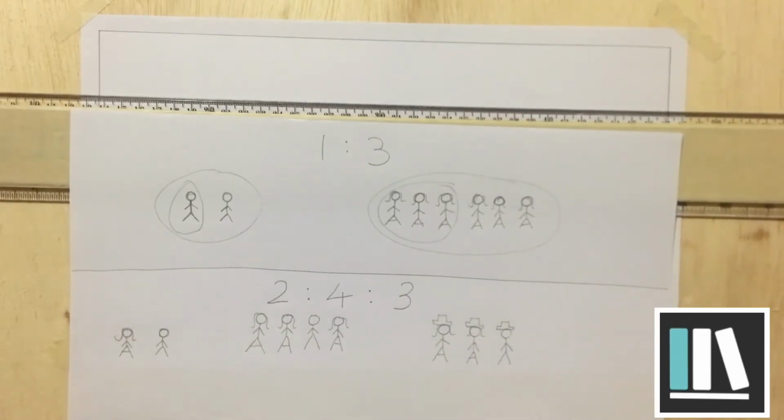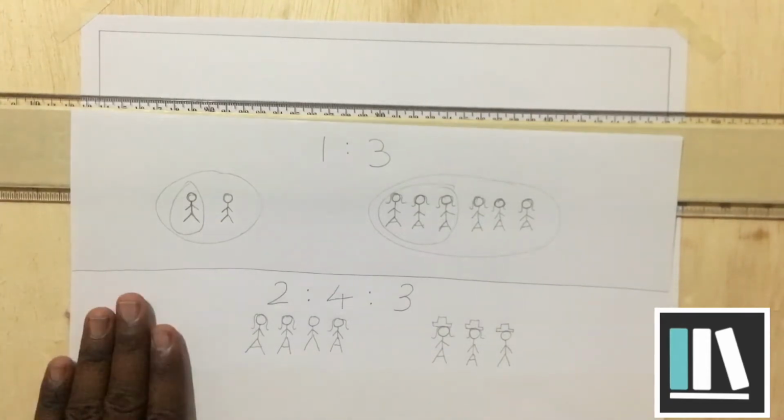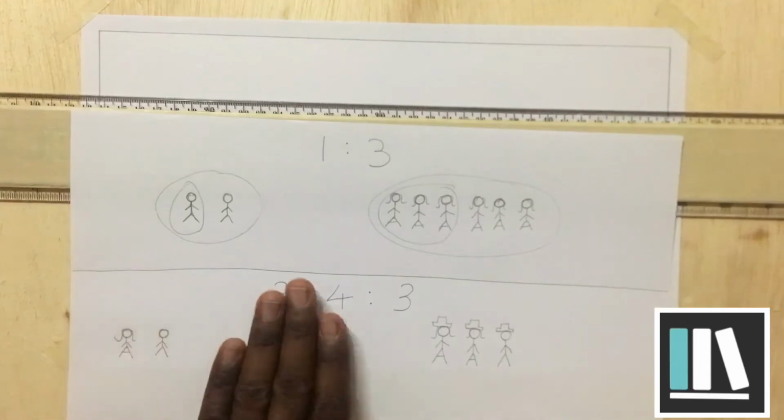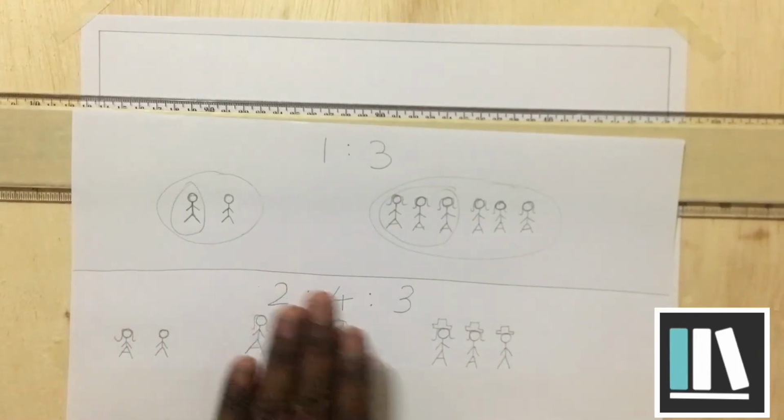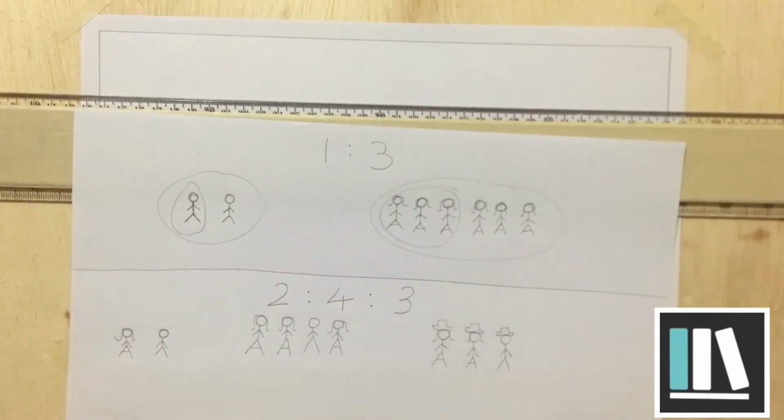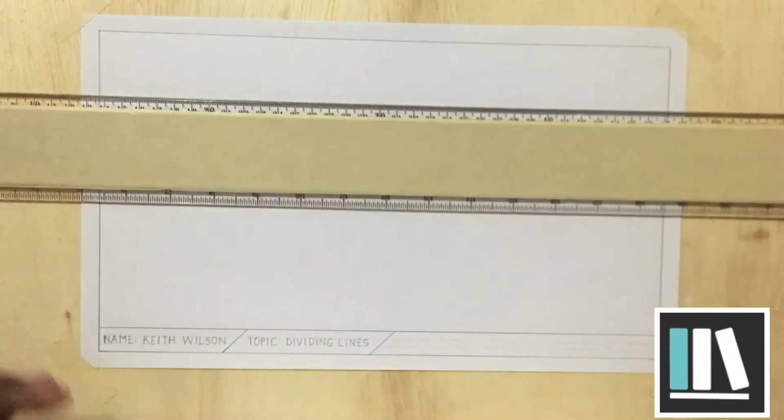Let's say the number doubles. You would now have 4 students, 8 parents, and 6 teachers. So that's how ratio works. So let's do 2 examples of dividing a line given different ratios.